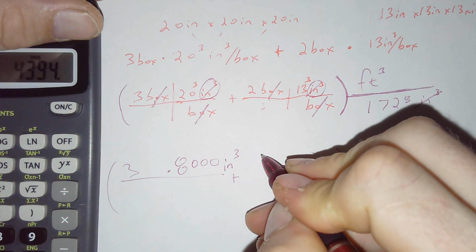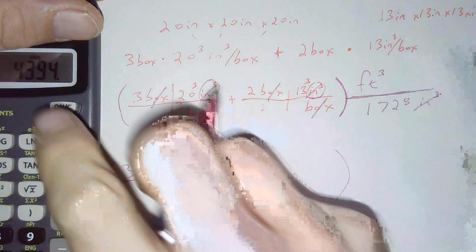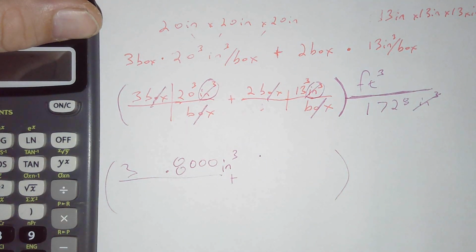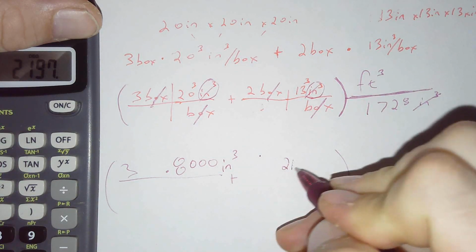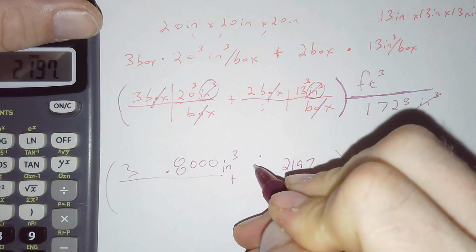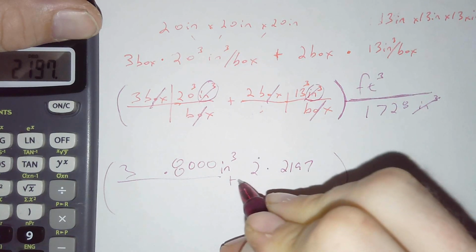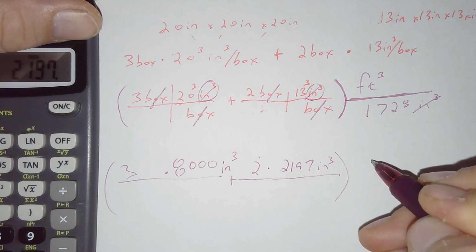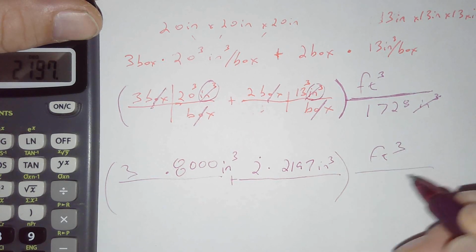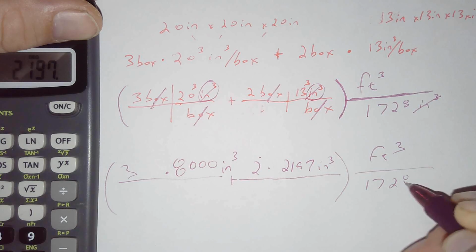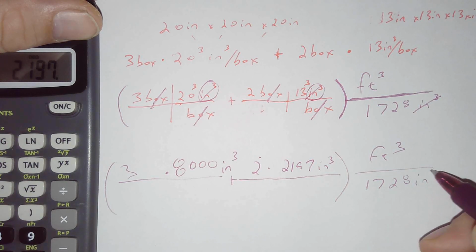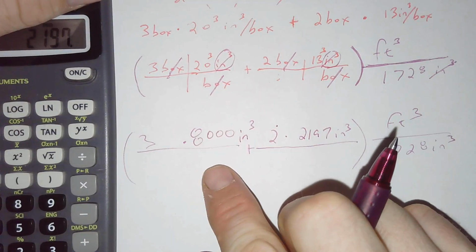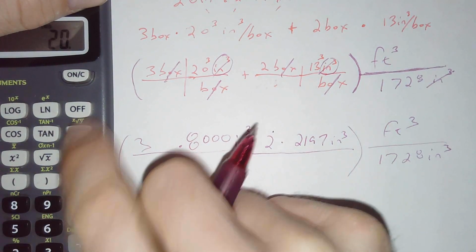Let me do the same thing. 13 cubed is 2197 times 2 inches cubed, and then still foot cubed over 1728 inches cubed. Okay, so now make sure 20 cubed, yep.